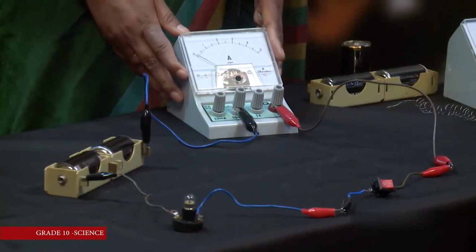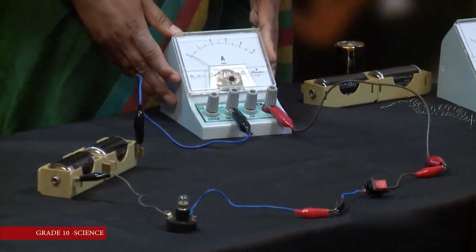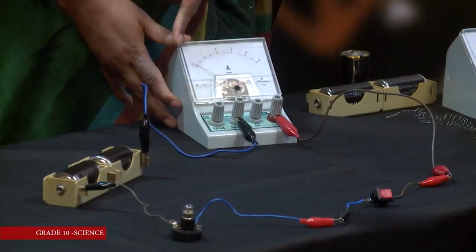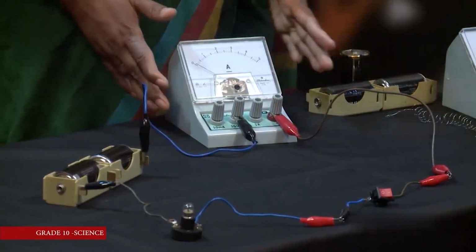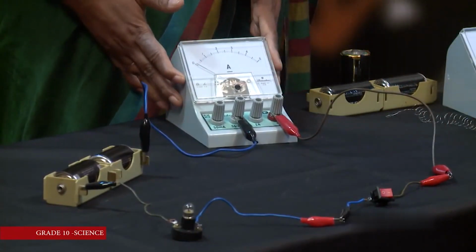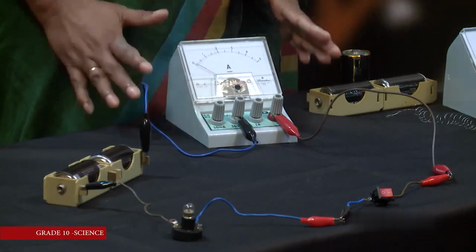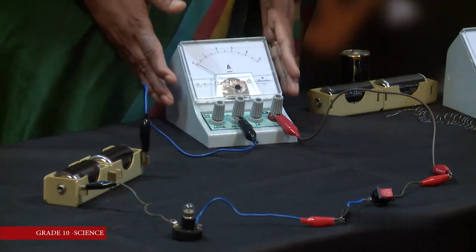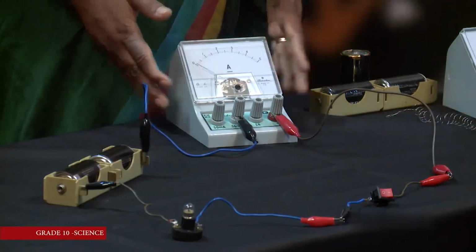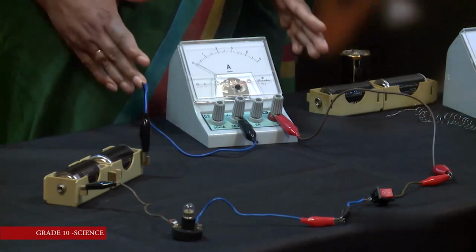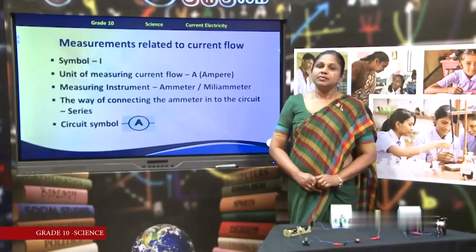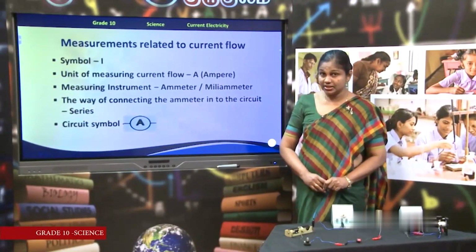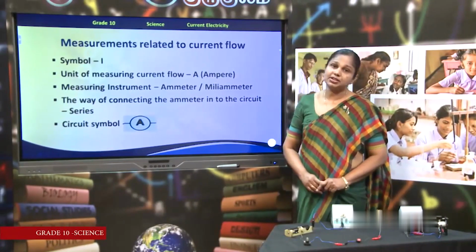If any device is connected to a circuit enabling complete current to flow through that device, this method of connection is called series connection. Now, you should be able to understand this ammeter is connected to the circuit in series. Right. Then we will move to the next measurement of electricity, potential difference.